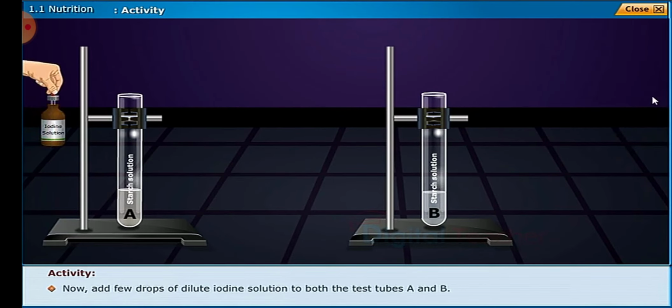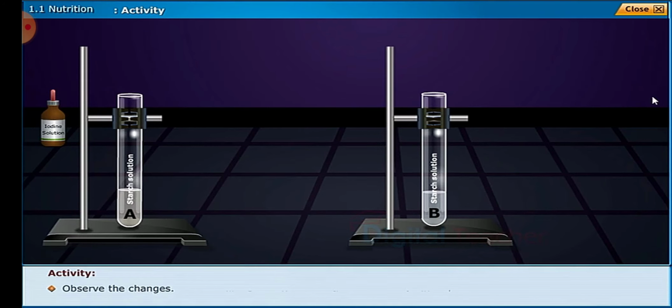Now add a few drops of dilute iodine solution to both the test tubes A and B. Observe the changes.